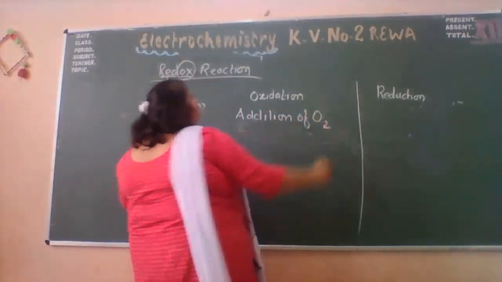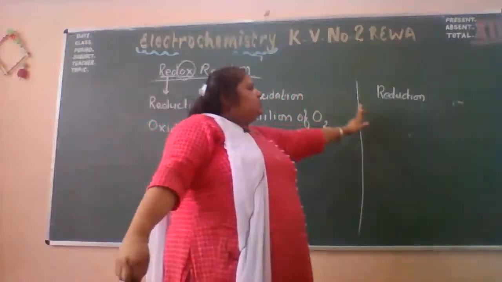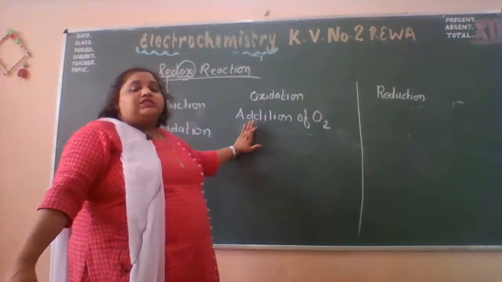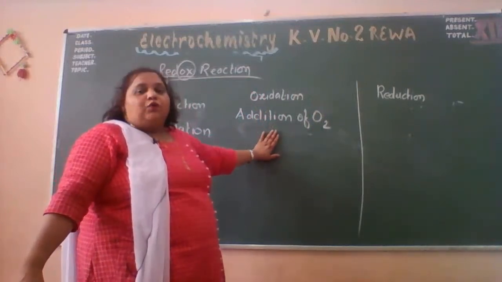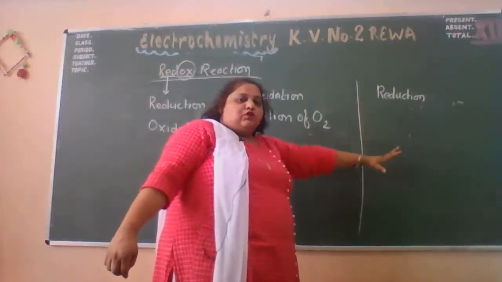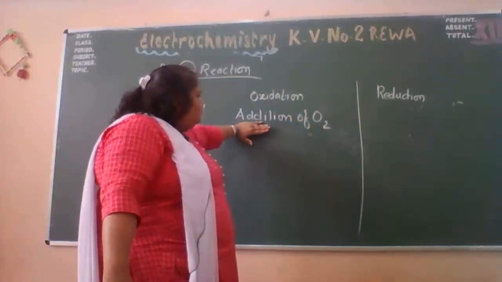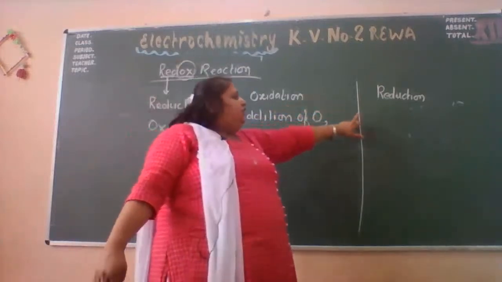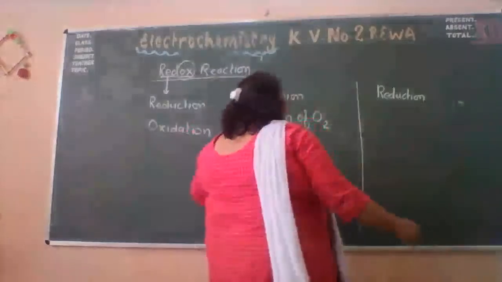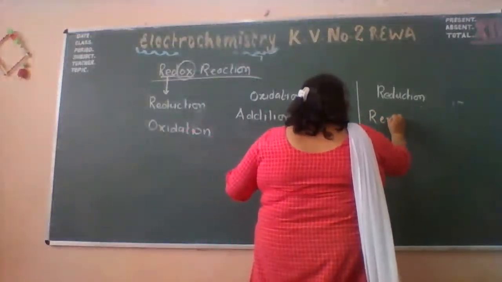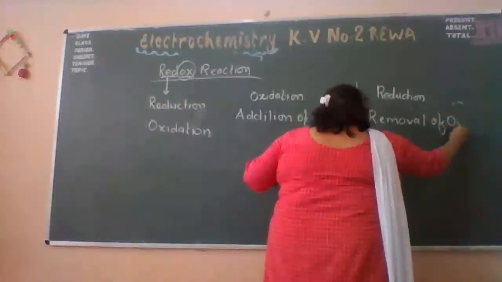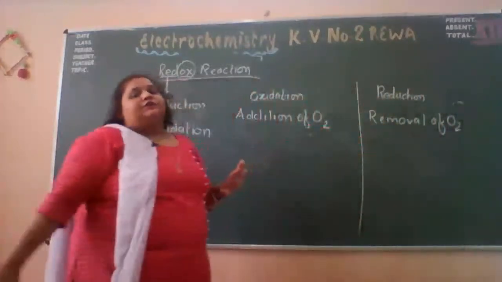This is called oxidation. Reduction is just the opposite. Whenever you study oxidation and reduction, please learn one type of reaction only, and then the second will be the inverse of that. If oxygen is added here, definitely it will be removed from there, so removal of oxygen is called reduction.